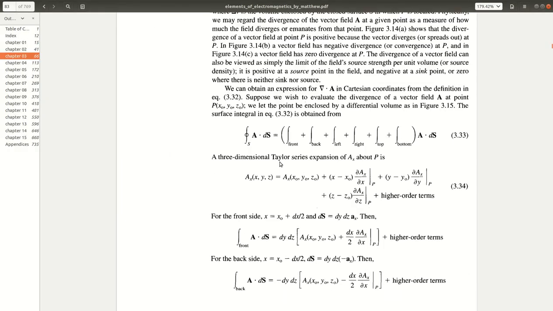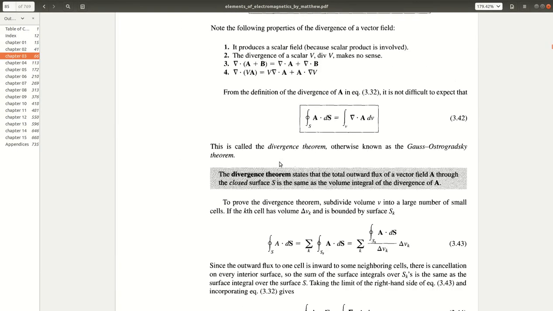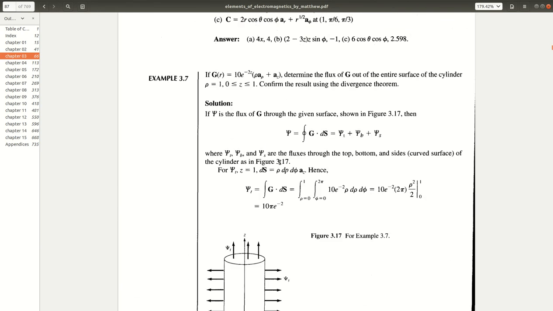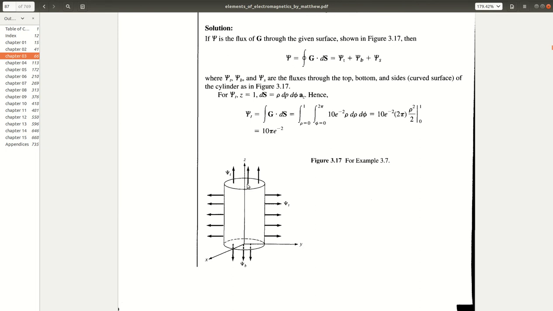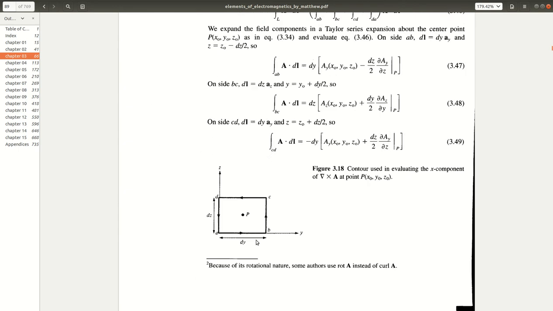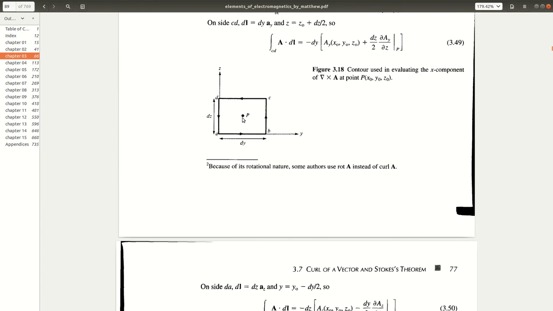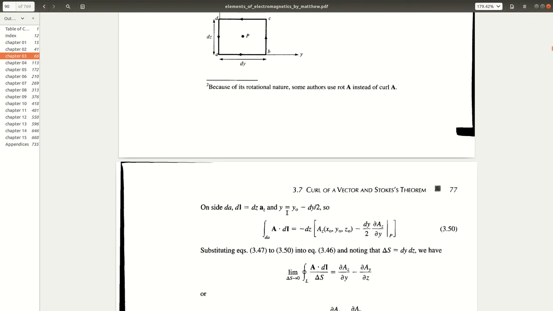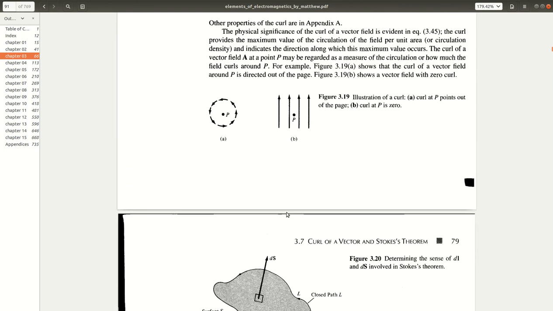Let's see here what the curl is. So in the book here, this is the meaning of divergence from outside of a volume, so each point will go outside. Now the curl here: this is the point and this is the closed area, rotational in nature.